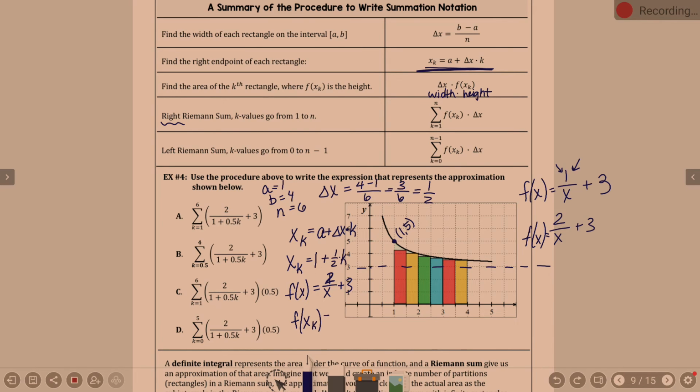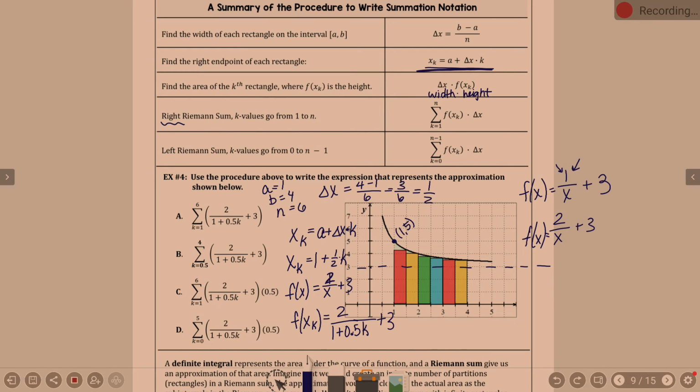F of x sub k is going to be 2 over, what was x of k? 1 plus 0.5k. 2 over 1 plus 0.5k, and then plus 3. Well, good news, is this starting to look like some of my equations here? It is. Okay. I don't even necessarily have to write it out at this point, but we could. Which one's matching up?